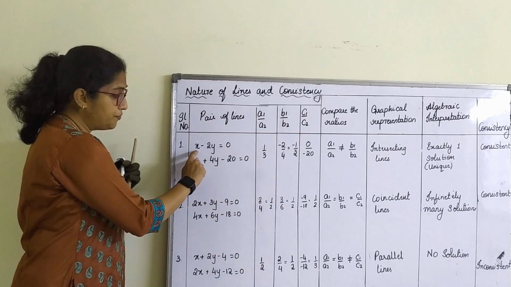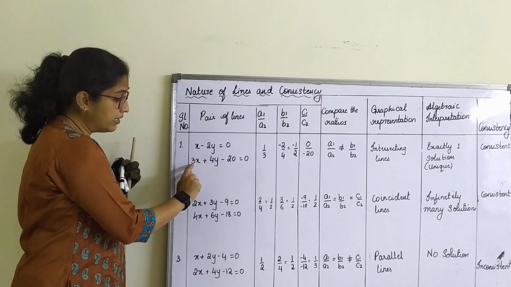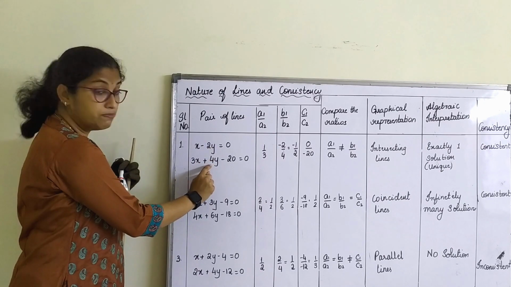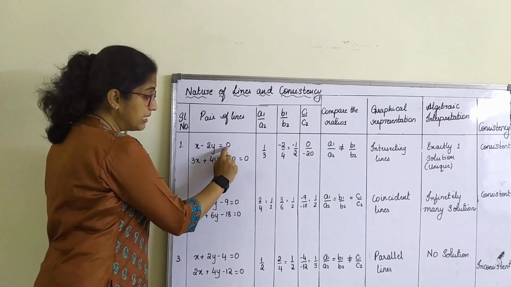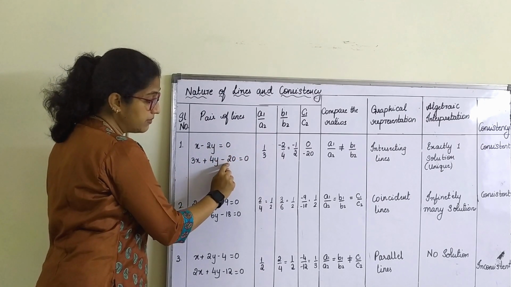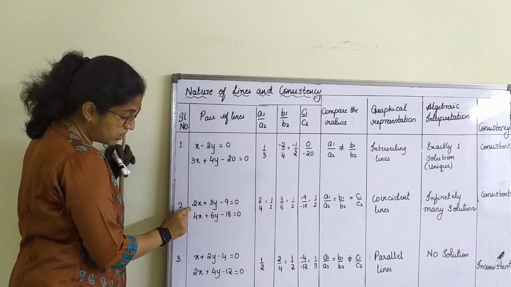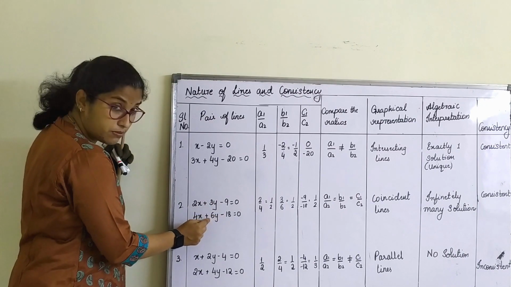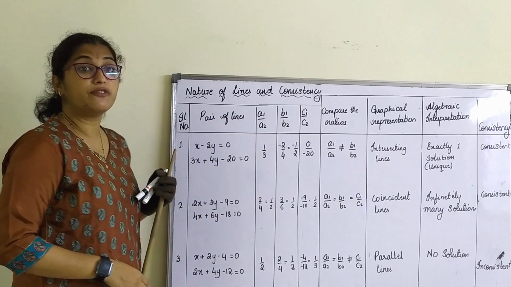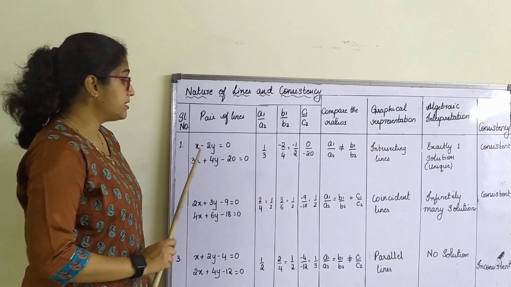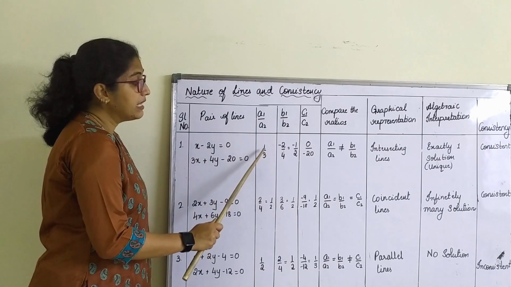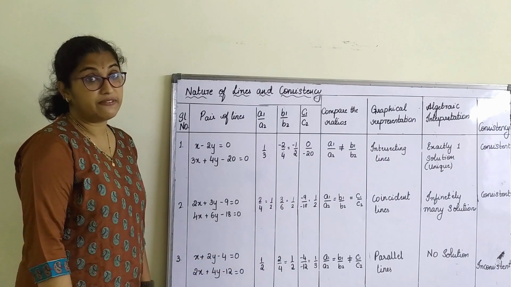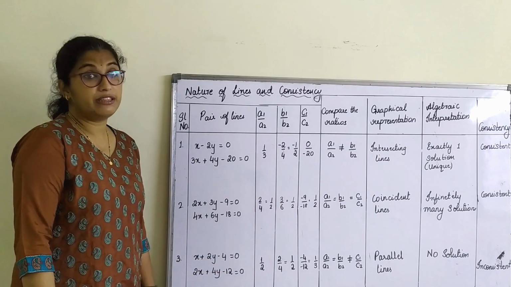Here A1 is 1, A2 is 3, B1 is minus 2, B2 is 4, and C is here minus 20. Similarly, A1 is 2, A2 is 4, B1 is 3, B2 is 6. That is what we compare here.